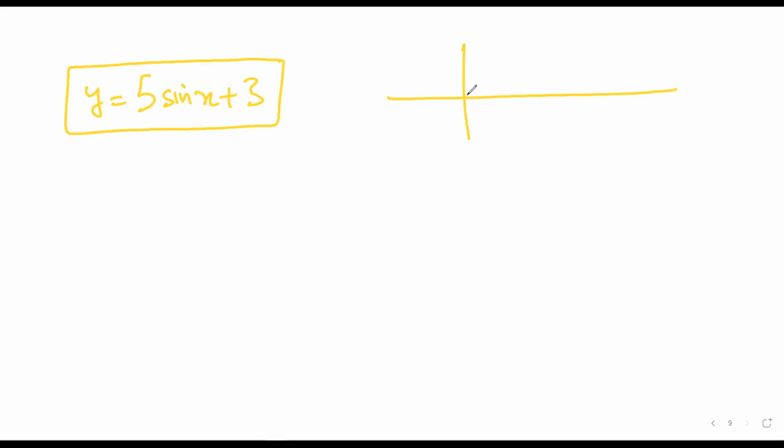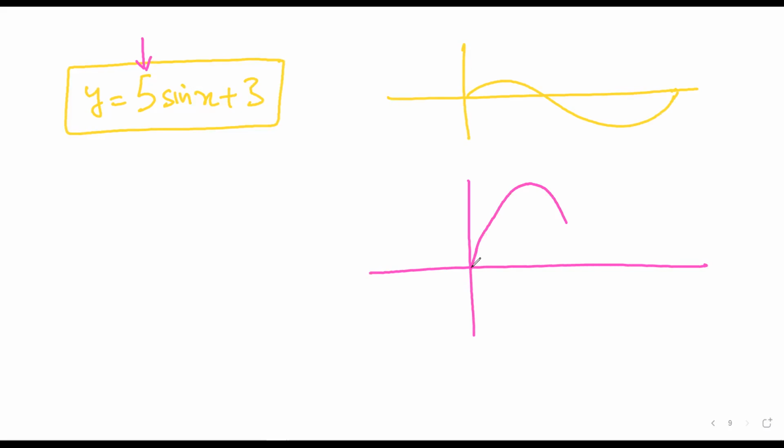We just want an idea of how the graph looks like. So what will this 5 do? This 5 will stretch the curve like this.